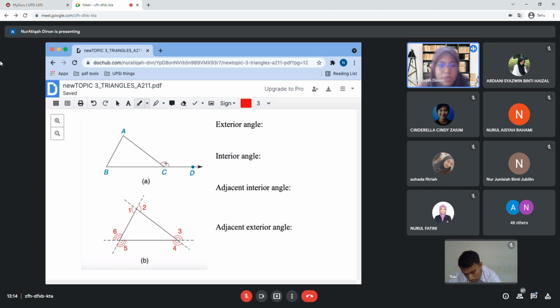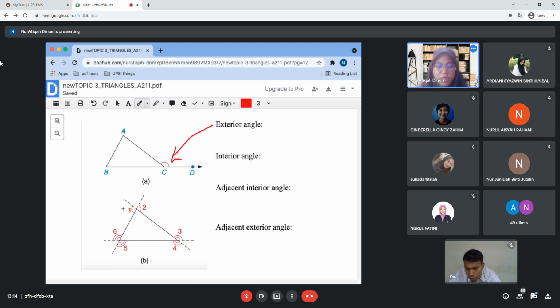So this one is the exterior angle. This is the exterior angle. And then if you look at B, we just extend the line segment BC. Because we extend to D, we can see this is the exterior angle.